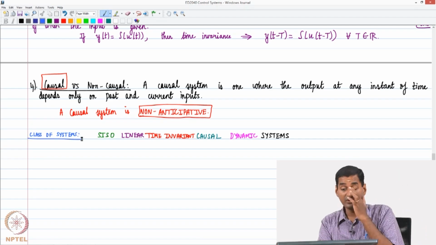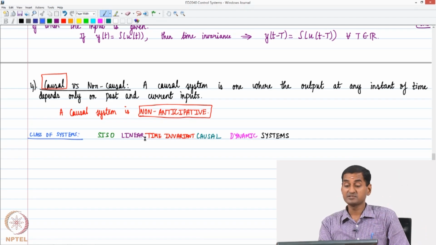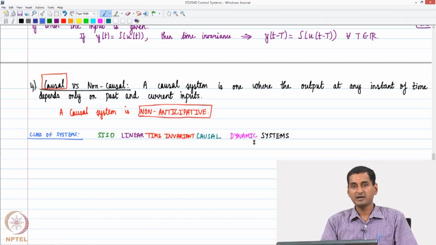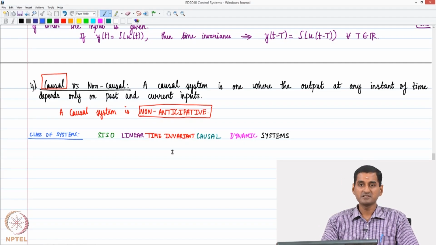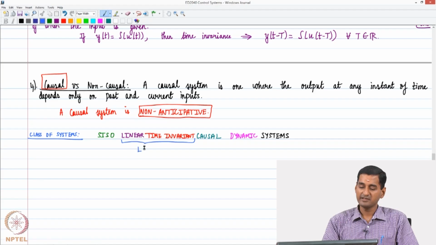So we are going to consider SISO, linear time invariant, causal, dynamic systems. I hope through this discussion it is clear what each one of these words mean. By and large, linear time invariant is abbreviated as LTI. The abbreviation LTI stands for linear time invariant. Typically LTV stands for linear time varying systems. So this is the class of systems that we are going to study.